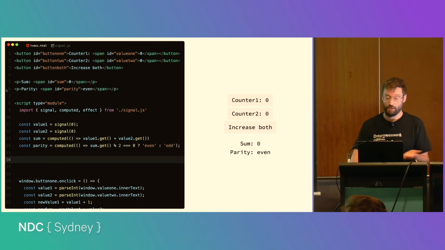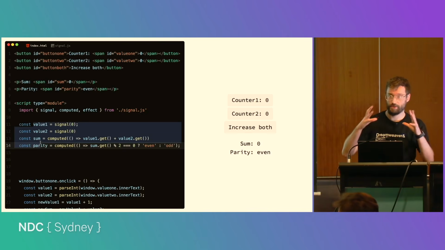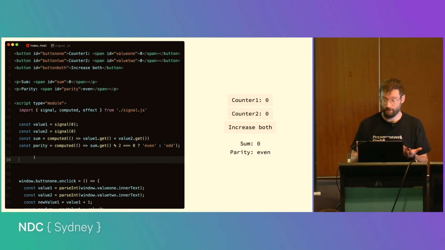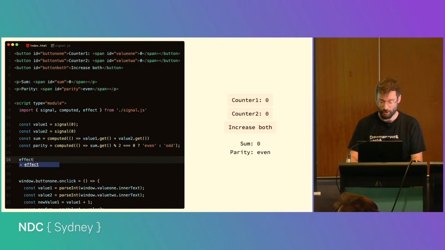So this way we have like at least very clear and concise, this is our state that we have. And then we want to have the effects. So what should happen whenever the state changes?